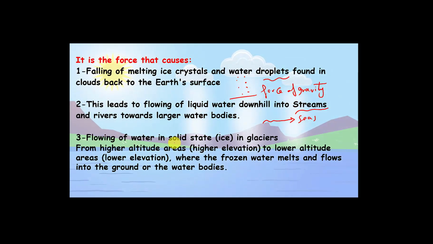Flowing of water in the solid state in glaciers from high altitude areas or high elevation, like the top of a mountain, to lower altitude areas, lower elevation, such as the surface of the ground, where the frozen water melts, meaning, yes, it gains energy, and flows into the ground or the water bodies.